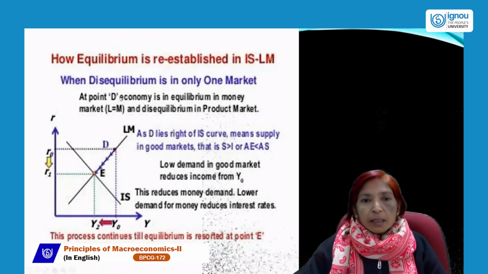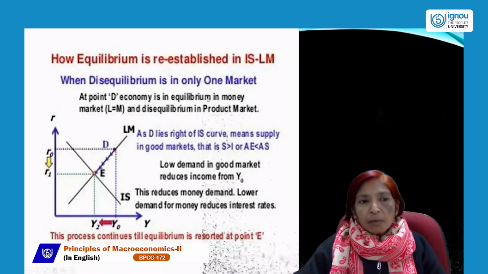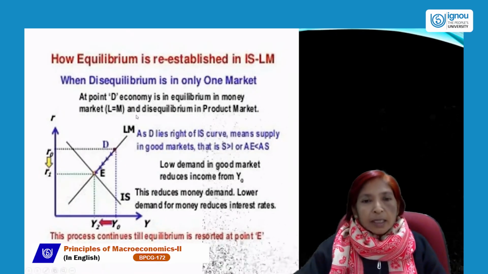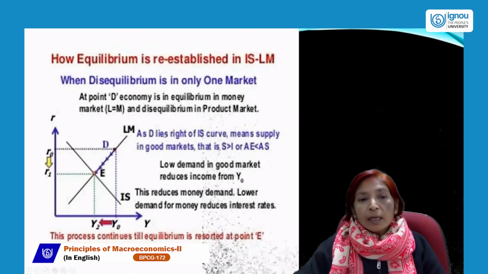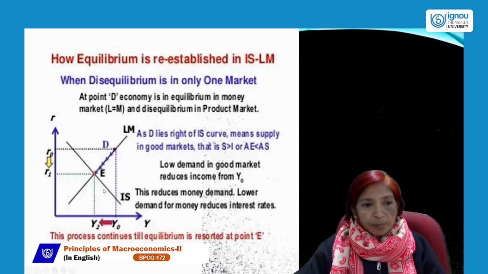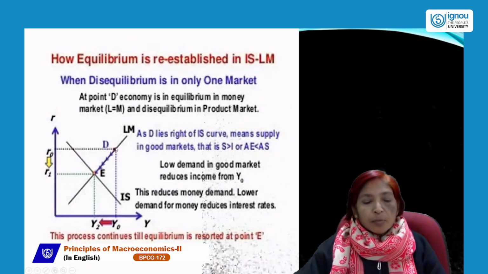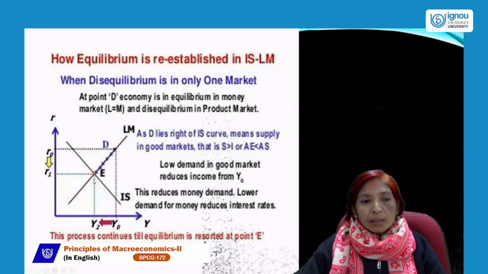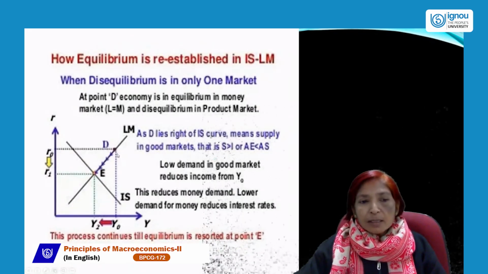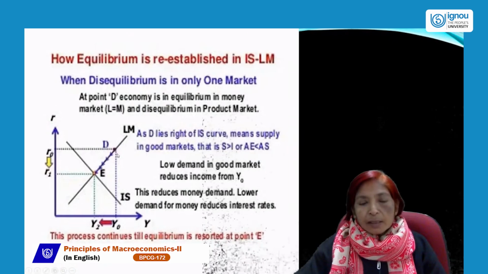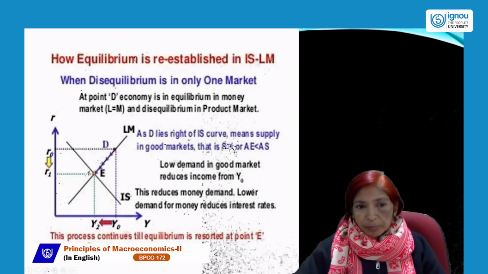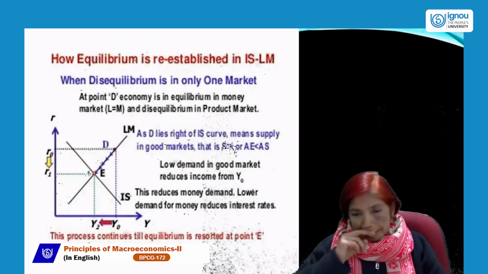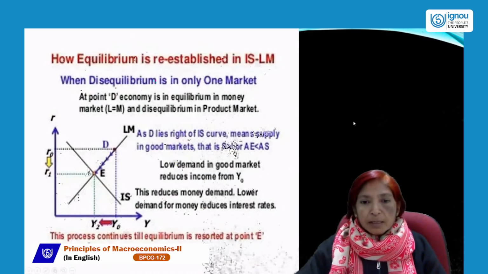At point D, the economy is in equilibrium in the money market and in disequilibrium in the product market. As D lies to the right of the IS curve, it means that saving is greater than investment and aggregate demand is less than aggregate supply.